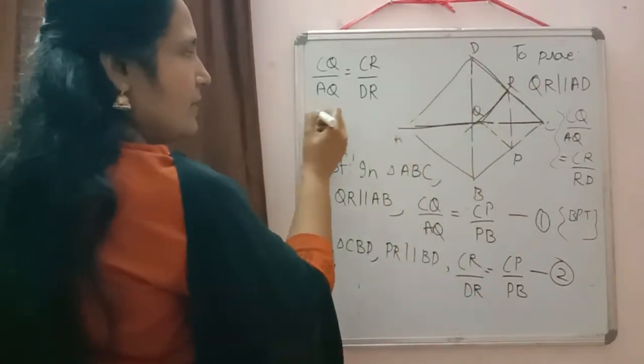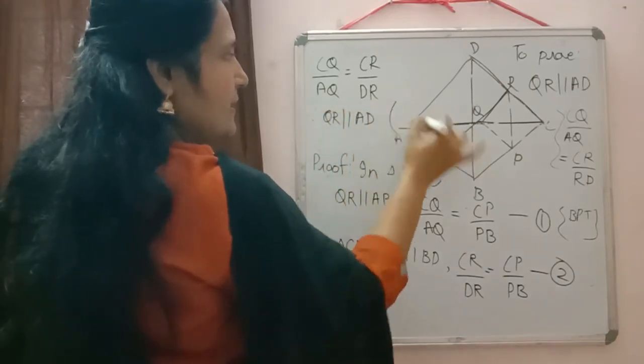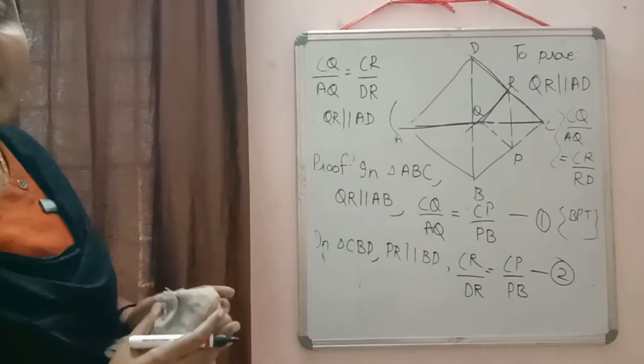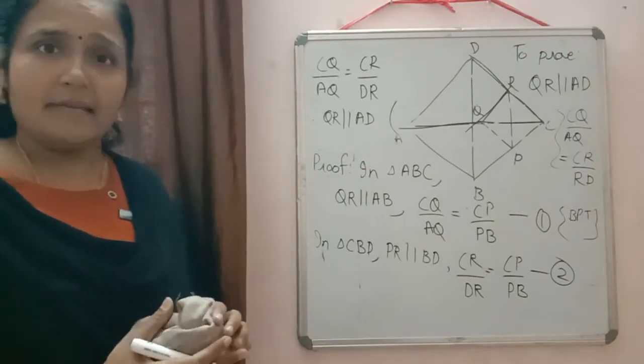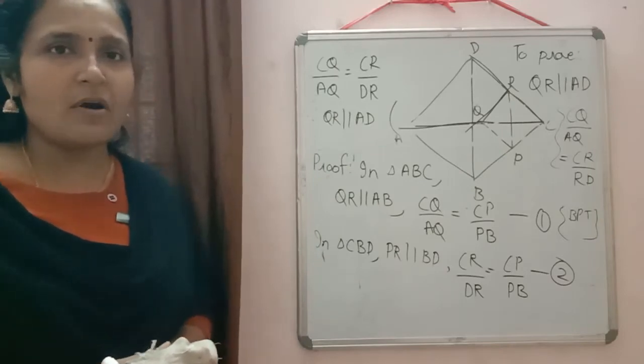So write down, therefore QR is parallel to AD. Reason: by converse of BPT. I think now it is getting clear how to use BPT and its converse.